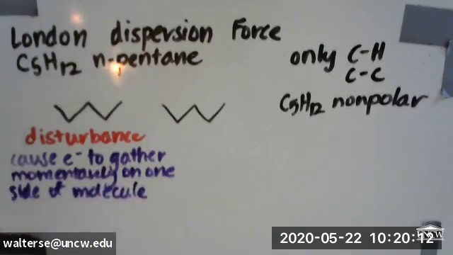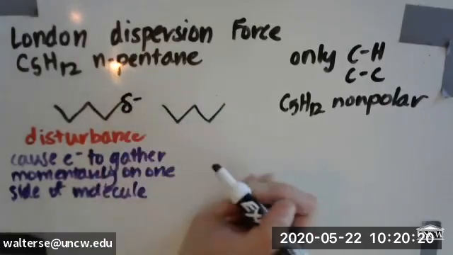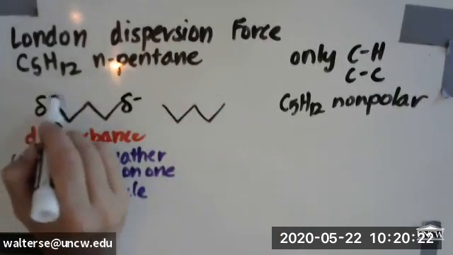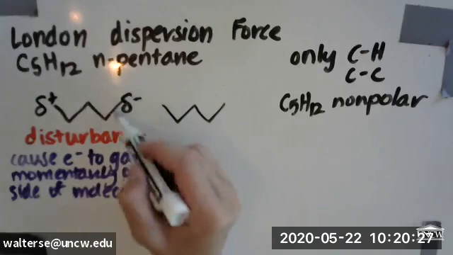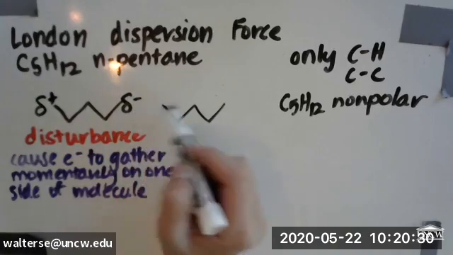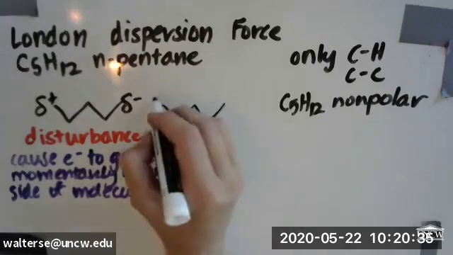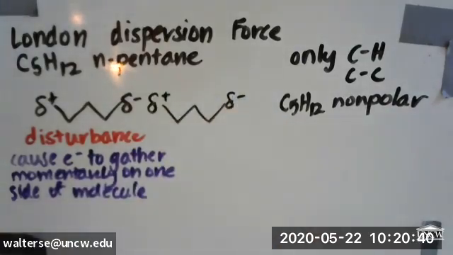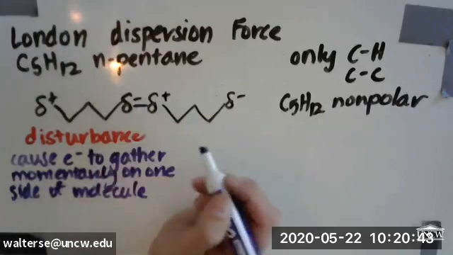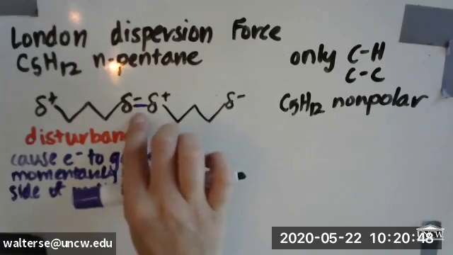So if all of the electrons in pentane suddenly end up on this side, it is going to be a little bit negative, and this side is going to be a little bit positive. This buildup of negative charge density is going to affect the electron distribution in the neighboring molecule. So this side will become a little bit positive, and this side will become a little bit negative. When you have opposite charges near one another, they're going to attract, and this is the London dispersion force.